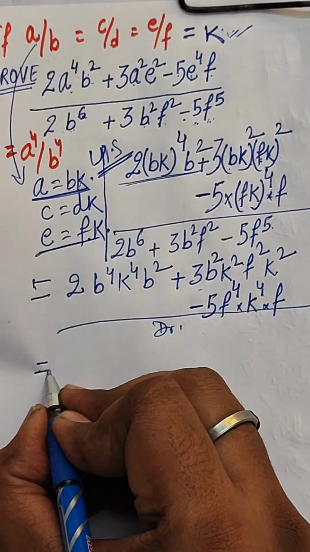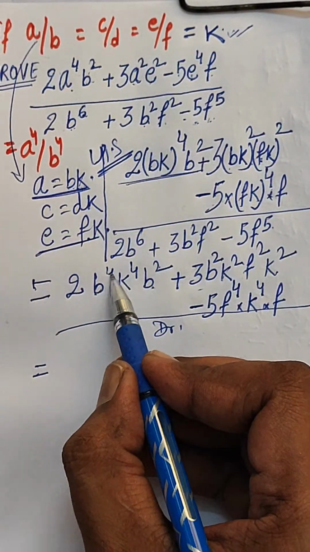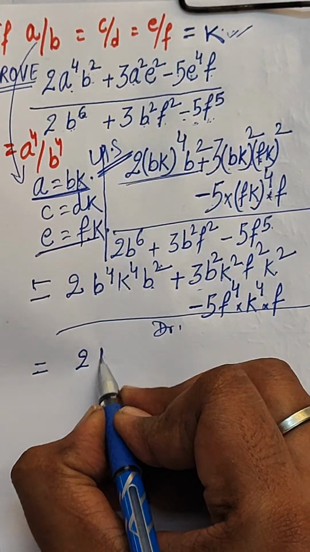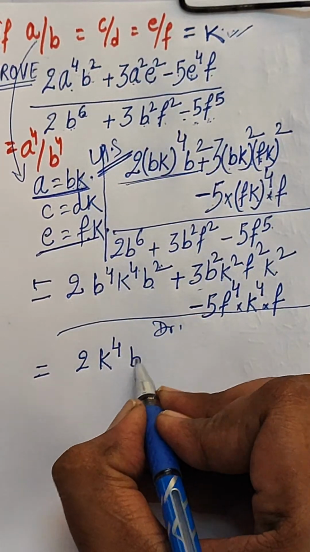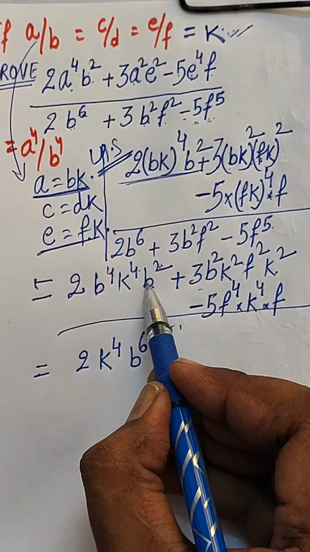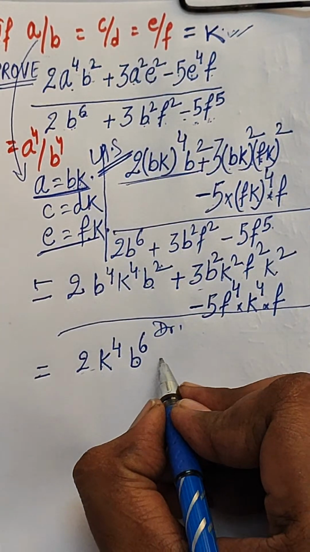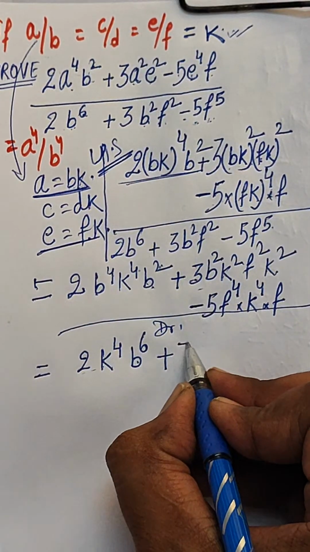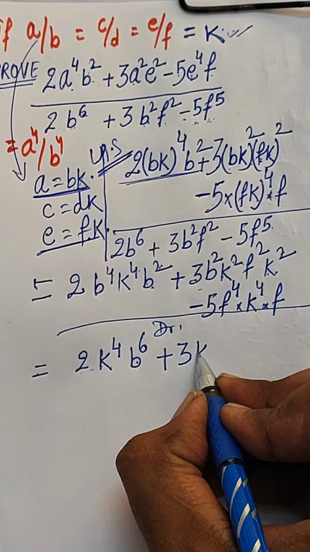In the next step, when the same bases are there, the powers must be added. So b^4 and b^2 will be added. So we will have 2 times k^4 and b^6, the first term of the numerator. Again, plus 3 times k^2 k^2, so we can write k^4.